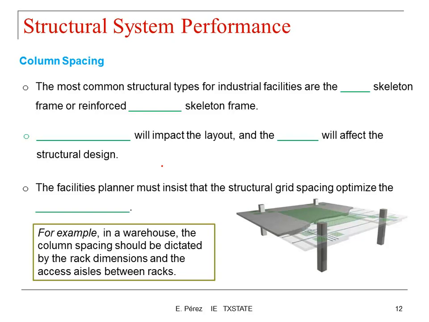The most common structural types of our industrial facilities are the steel skeleton frame or reinforced concrete skeleton frame. Most of the time, these are the two types of structures that you're going to see.